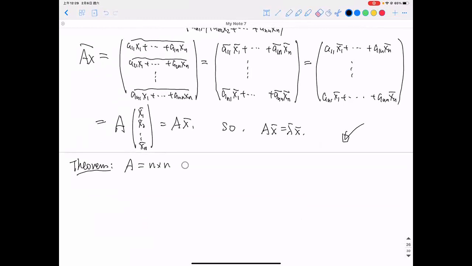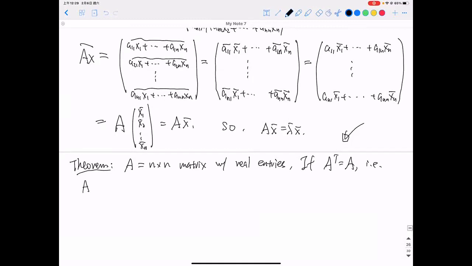If you have an n by n real matrix, a matrix with real entries, if A transpose is equal to A, i.e. A is symmetric, then the eigenvalues of A are all real.